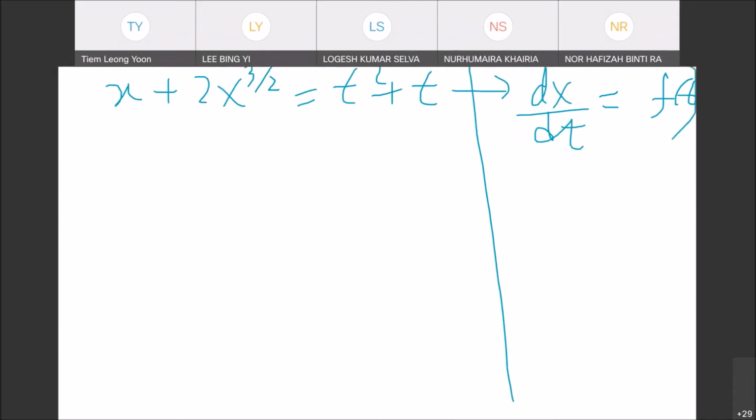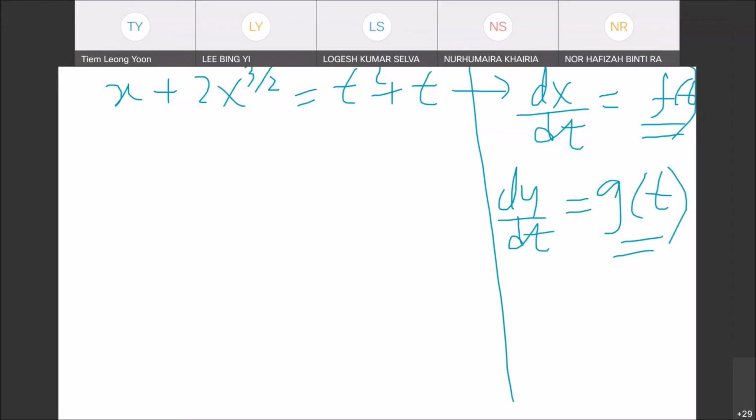And then for the y equation as well, you'll be able to get dy/dt. That is what we want. We have to find out what dx/dt is and what dy/dt is. Once we have the expressions for f and g, dy/dx will be clear.